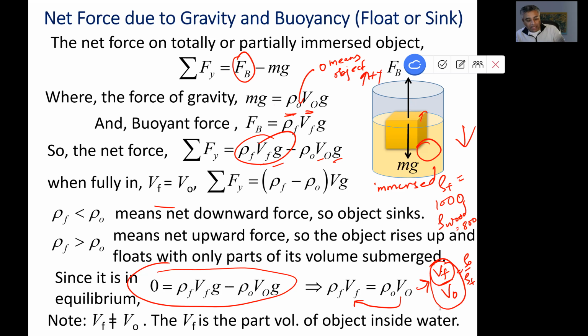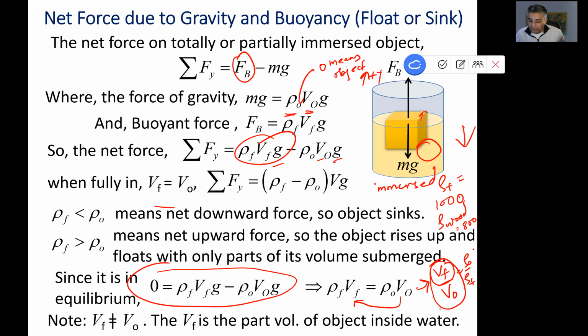Let's say this is the object and this hand is water. This fraction is outside and this fraction is inside. Right now, outside is less than inside. If that fraction is 2/3, that means 2/3 is inside and 1/3 is outside, okay?